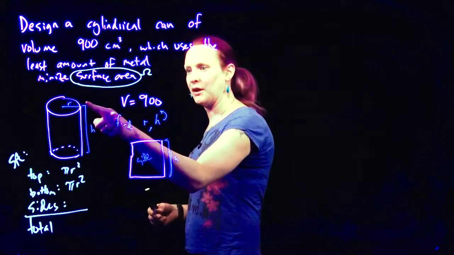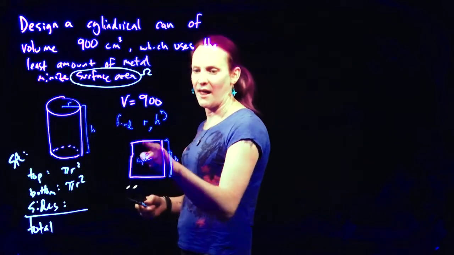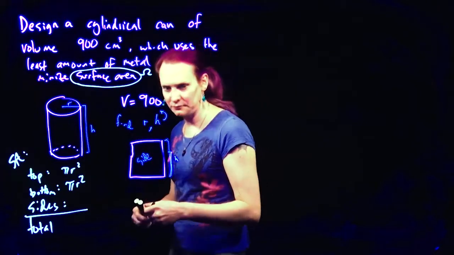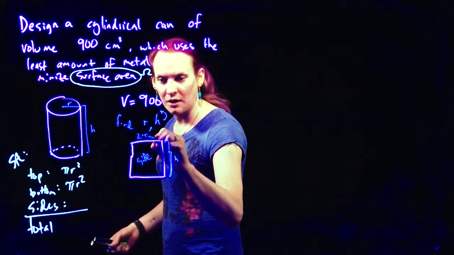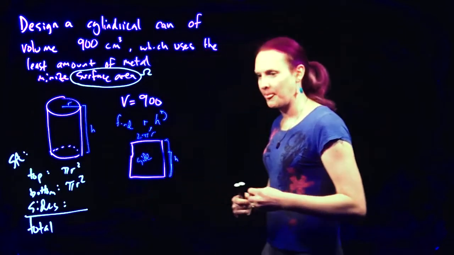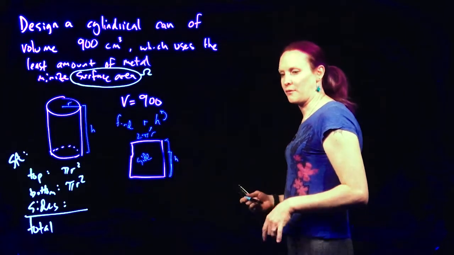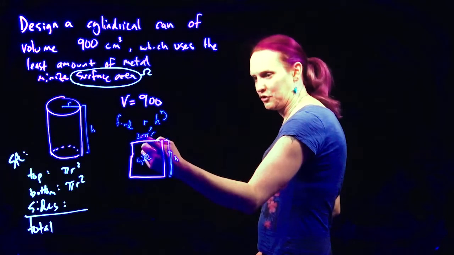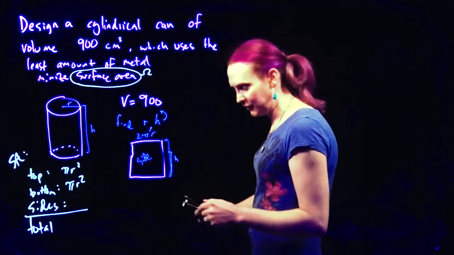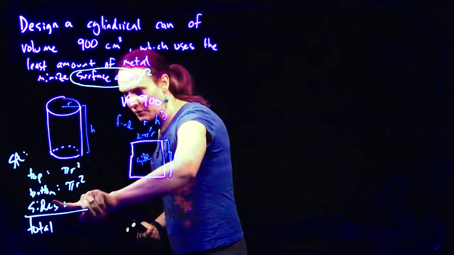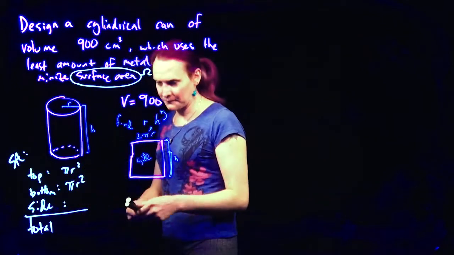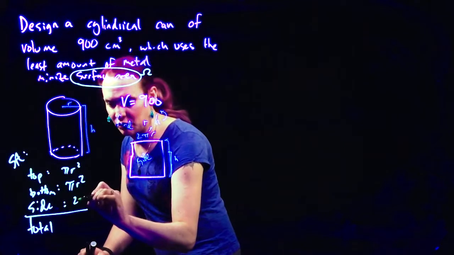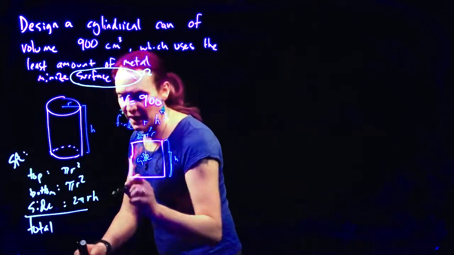And this distance here is if I unrolled that. And so this right here is the circumference of a circle, which is 2 pi r. So I've got essentially a rectangle of 2 pi r by h. And so the side, really there's only one side, okay? The side is the product of these two things, 2 pi r h.